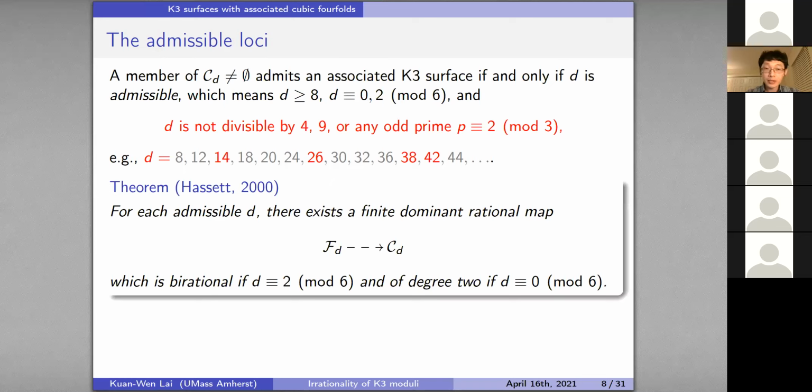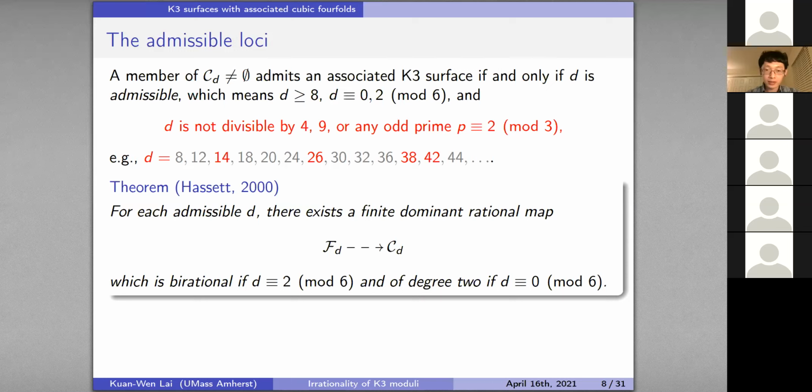So for each admissible D as above, there exists a finite dominant rational map from F_D to C_D, which is birational if D is congruent to 2 modulo 6 and of degree 2 if D is congruent to 0 modulo 6.